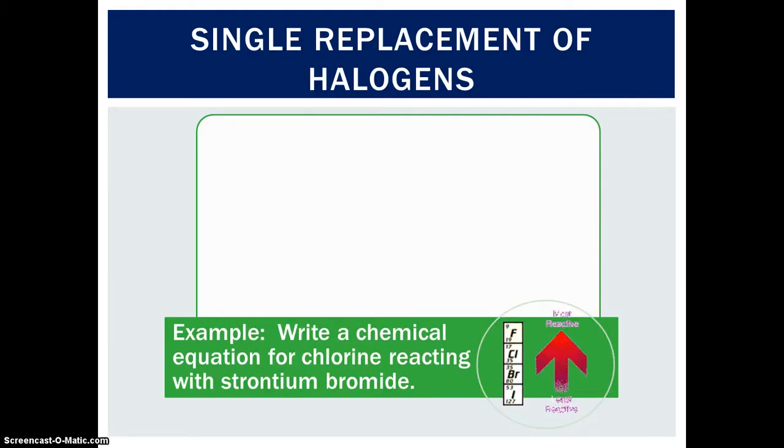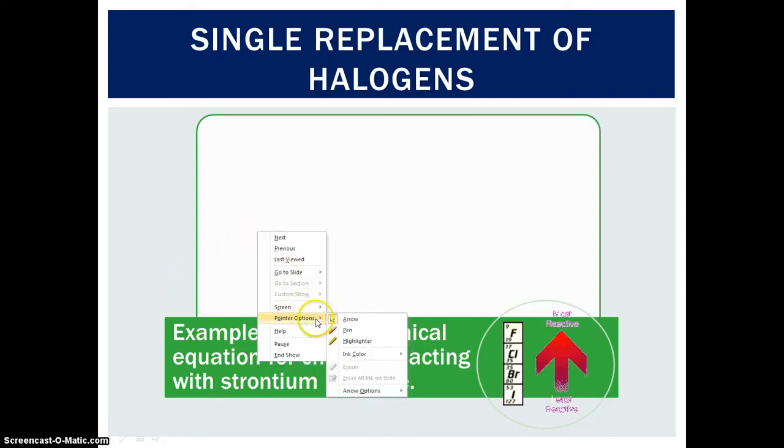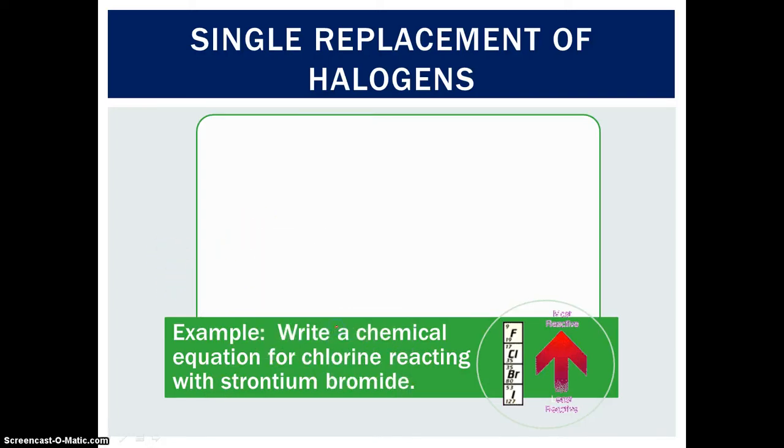Here's another example. I have chlorine reacting with strontium bromide. Chlorine is Cl, and remember it's a diatomic, 2, reacting with strontium bromide.